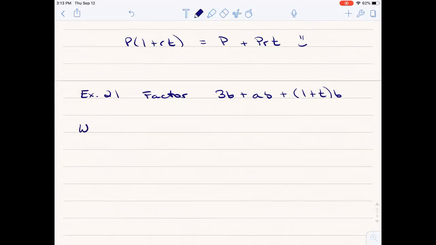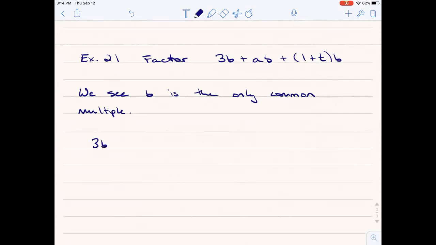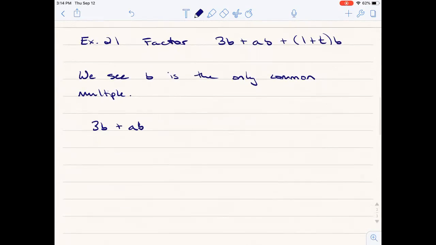And so we see b is the only common multiple. So we get 3b, just rewriting the expression down here, plus 1 tb. So 3b plus ab plus 1 plus t times b can be rewritten as b times 3 plus a plus 1 plus t.